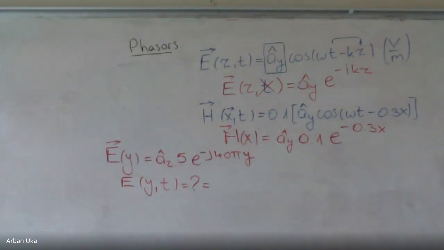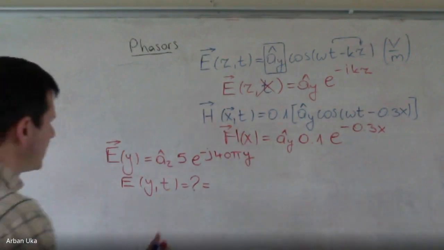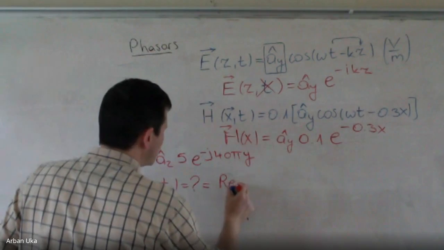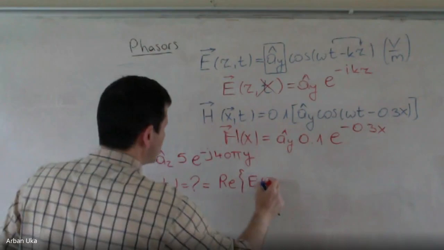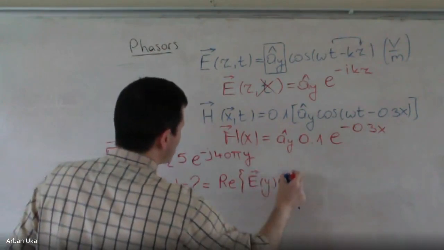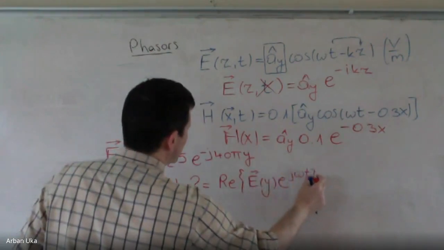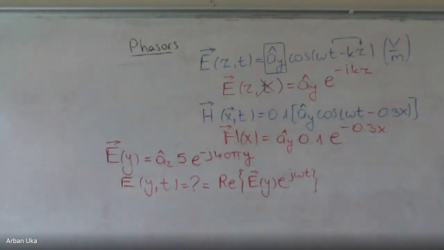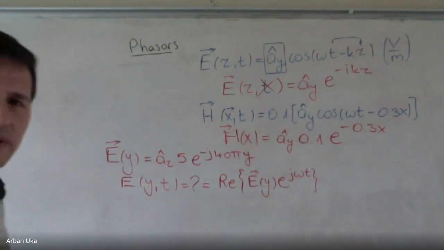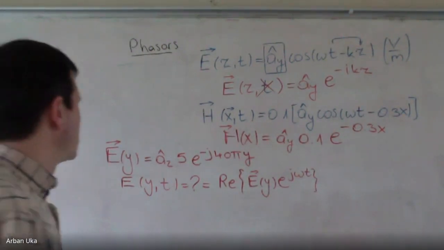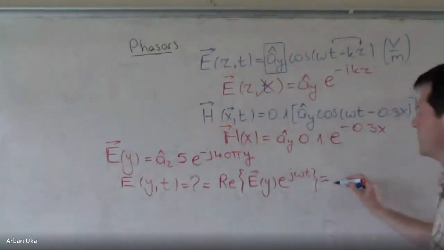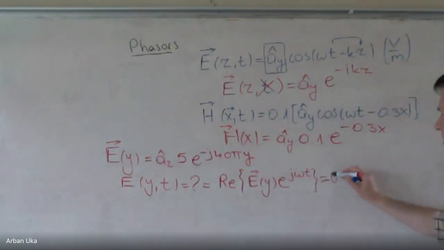If this is the phasor notation, we know that this is going to be equal to the real part of the phasor, Ey, times e to the power j omega t. This is going to be the time dependency, and then all we do is follow carefully with this step. Here we have the Ey, the direction is the same. Here we get az.